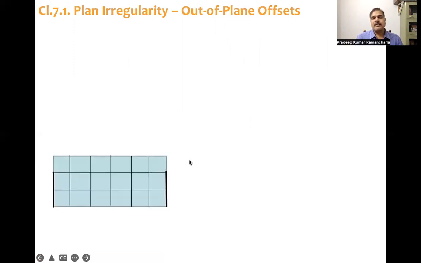Let's look at this case. This is the plan, where many frames are there, say 1, 2, 3, 4, 5, 6, 7: seven frames in Y direction, and then two structural walls. This is in the ground floor.